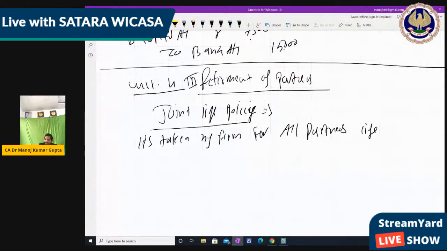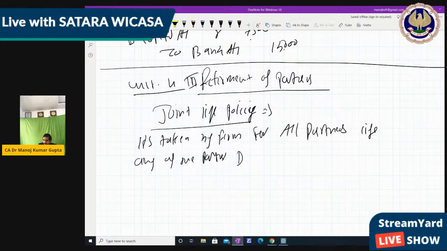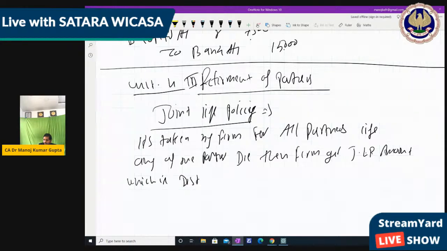Now if any one partner dies, then the firm gets the joint life policy amount, which is distributed among all partners.